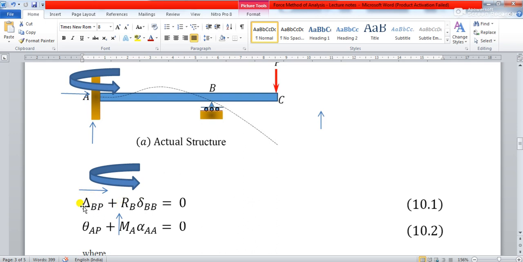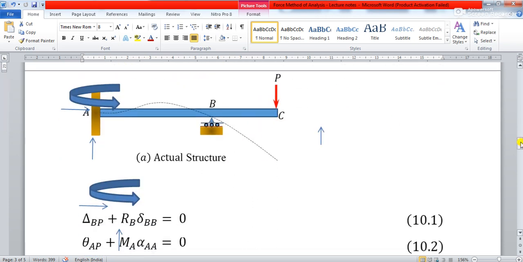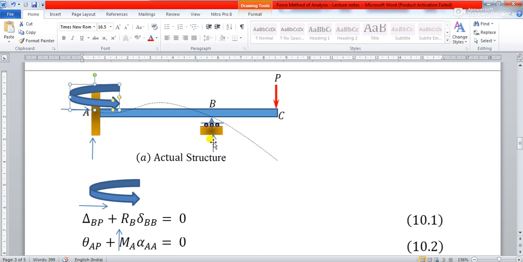So you know this delta BP, you know this delta BB. So what can you find out? You should be able to find out RB. Once you know this load, you should be able to apply the conditions of equilibrium, because now your RB is known to you.